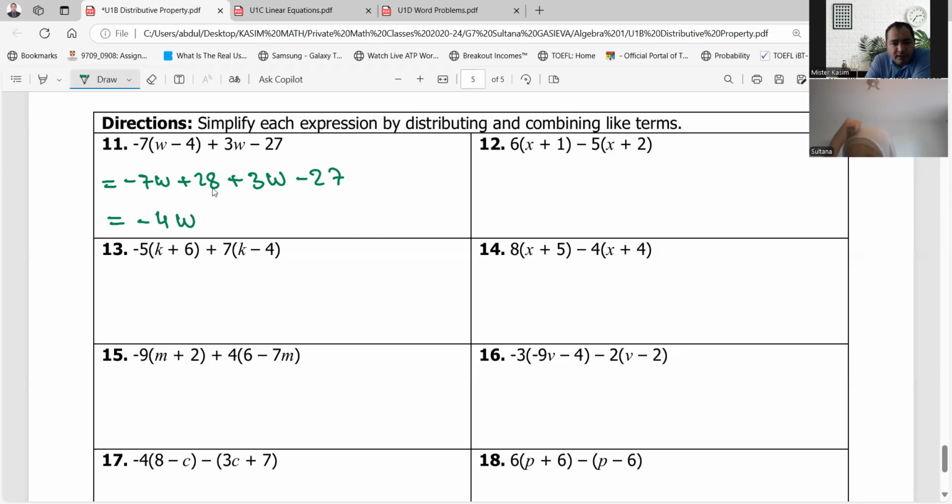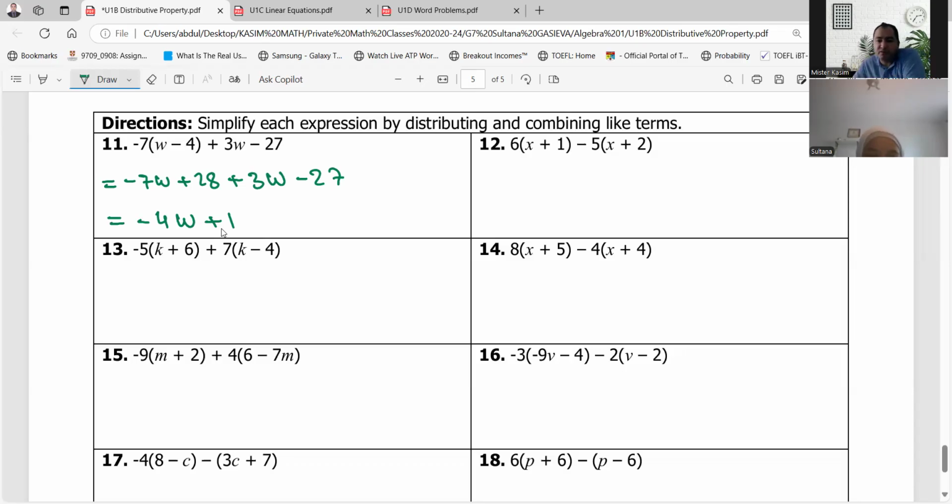Yeah. And now what is 28 minus 27? Just 1. Because these are not like terms, we cannot simplify anymore. It's like W and just a number, they are unlike terms, right?